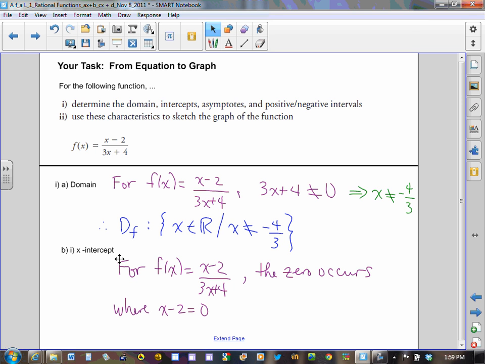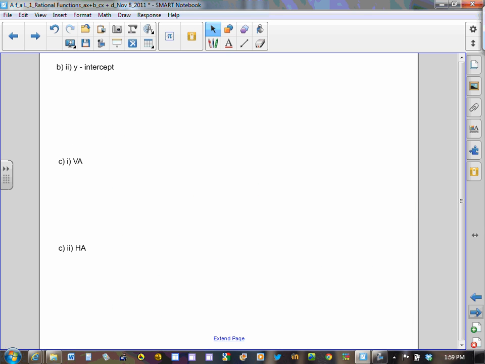Wherever x - 2 is equal to 0 is where the 0 will be for the rational function. So x = 2 is the function's 0. So far we know about the domain, we have the break in the domain, and we know the 0. So let's move forward a little bit more.